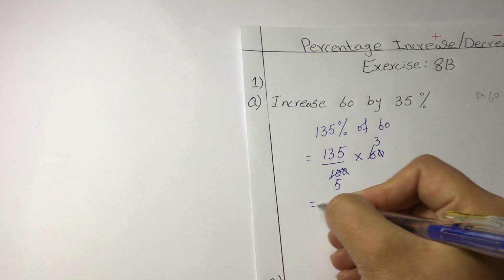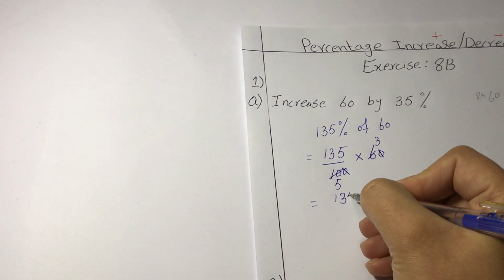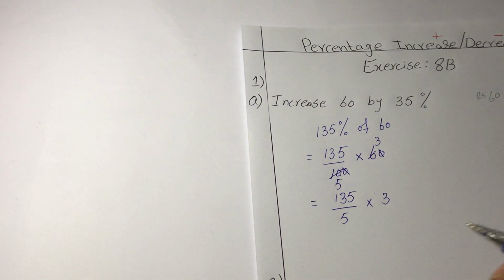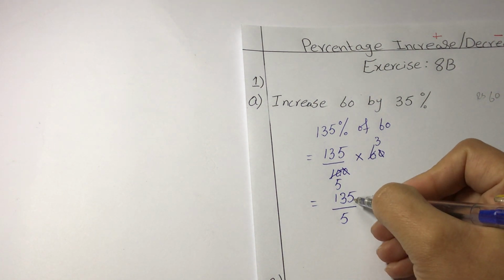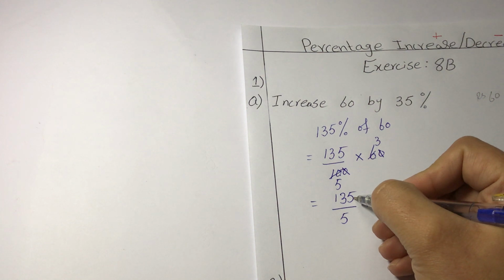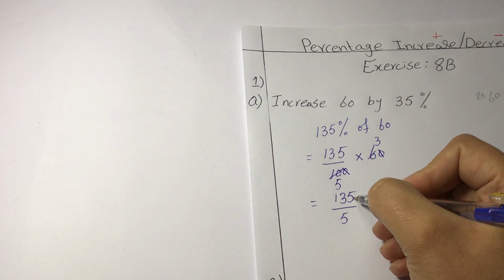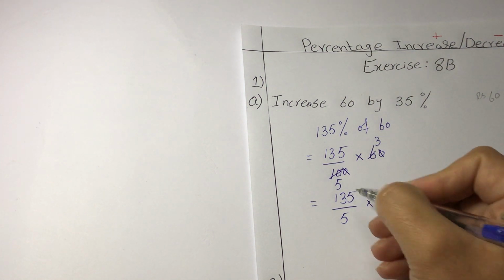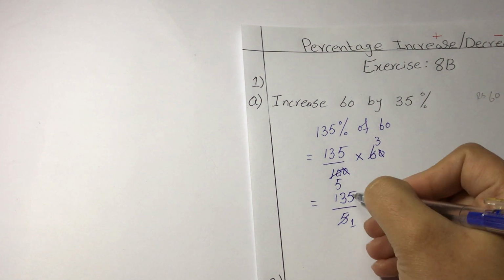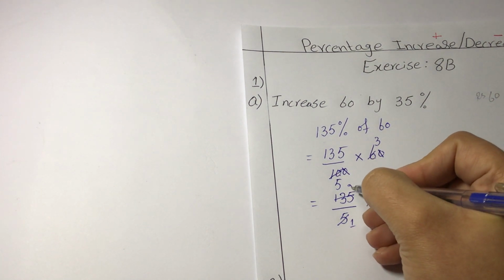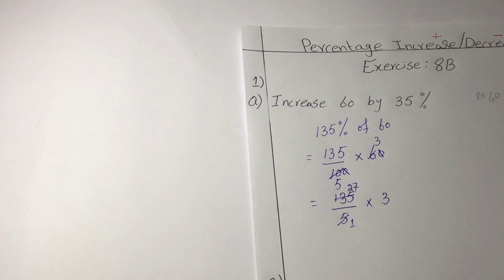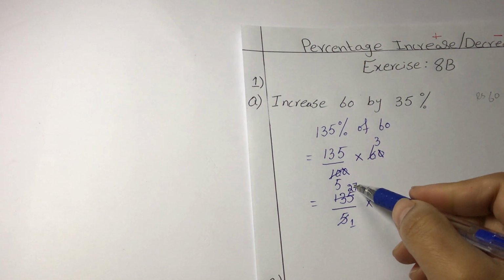And now I am left with 135 over 5 multiplied by 3, right? Again, you can see the last digit of 135 is 5, so it's divisible by 5. If the last digit of a number is 0 or 5, that number is divisible by 5. 5 1s are 5, 5 2s are 10, and 5 7s are 35.